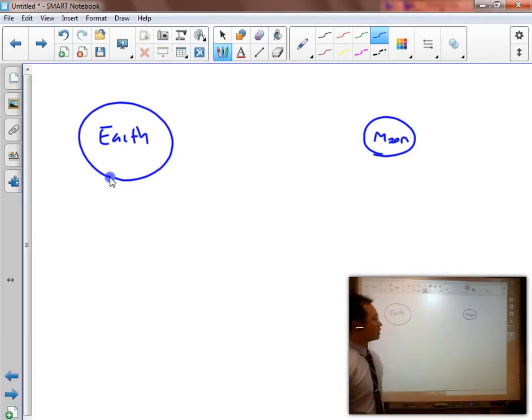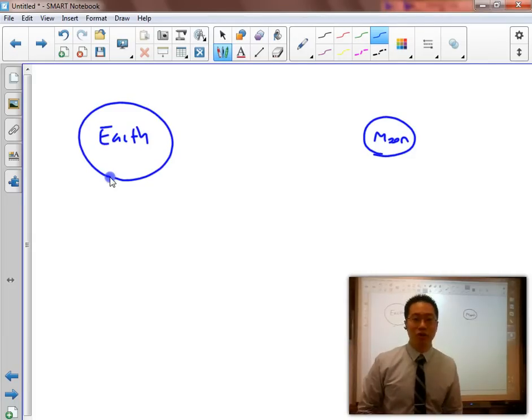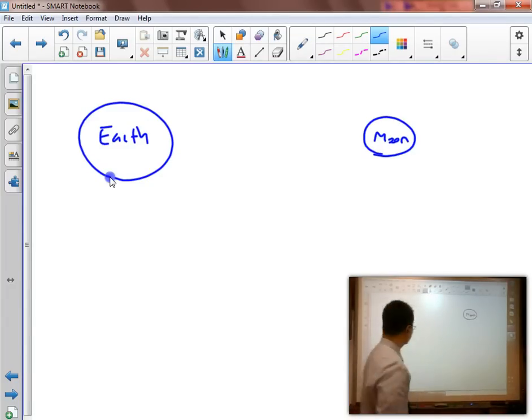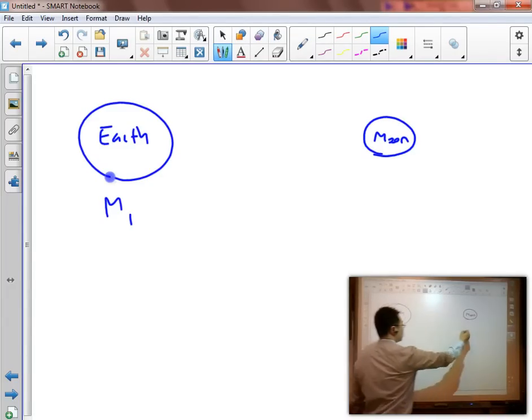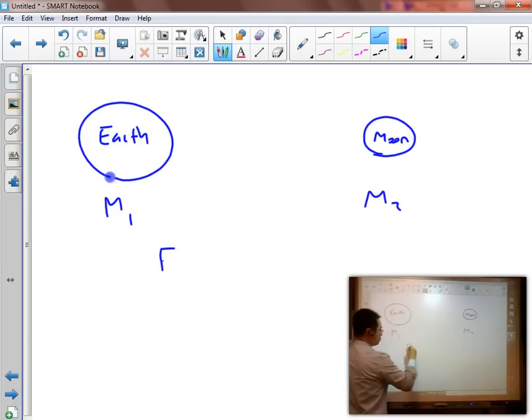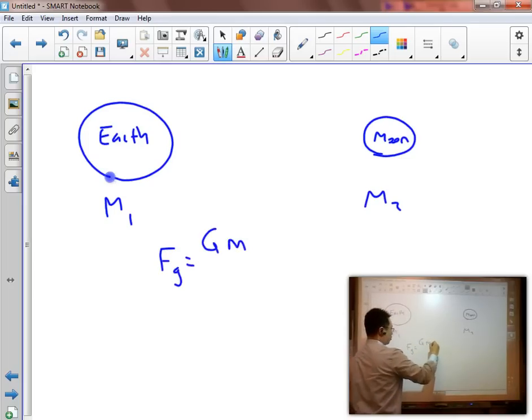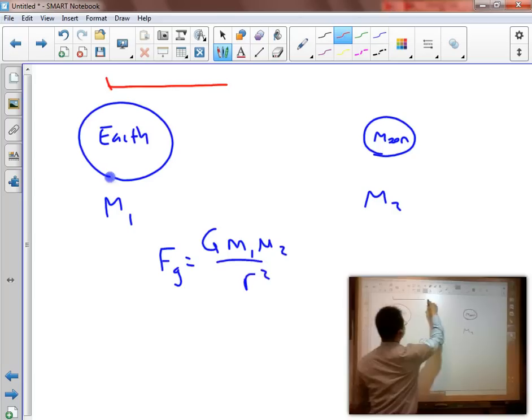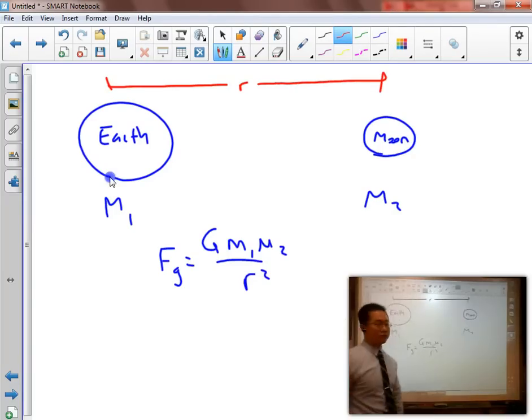If I wanted to solve for the gravitational force between those two planets, this would be M1, M2. I would do Fg equals G M1 M2 over R squared. And R, of course, would be the total distance between the planets.